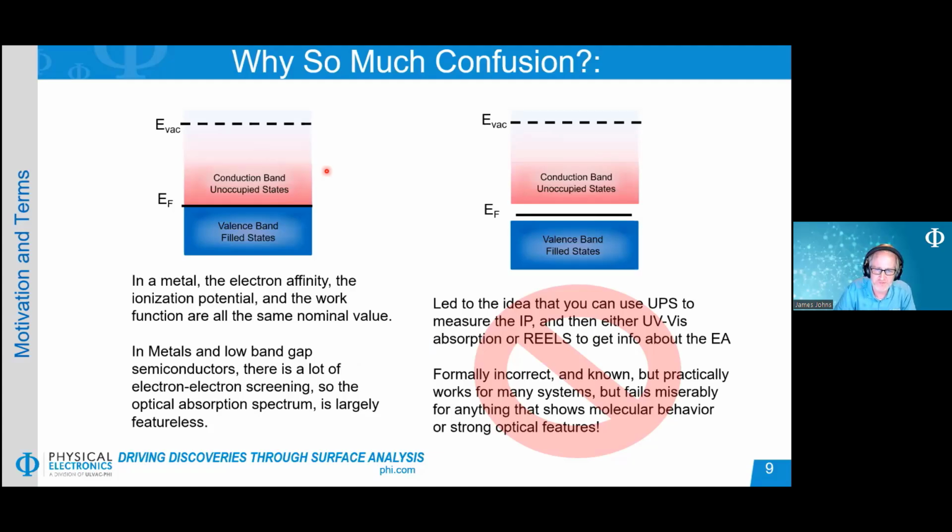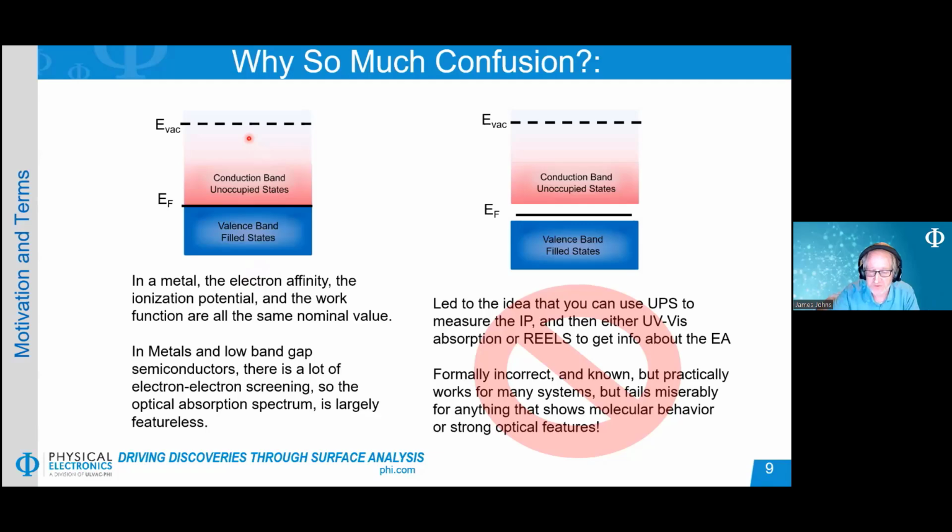People wanted that information. And if you're talking about metals, which is where a lot of surface science got its start, in a metal, the electron affinity, the ionization potential, and the work function are all the same nominal value. In a metal, you have infinite screening, and so the optical spectrum ends up being the same as the energy difference between the conduction and valence band.